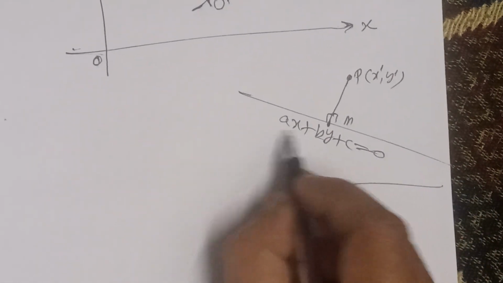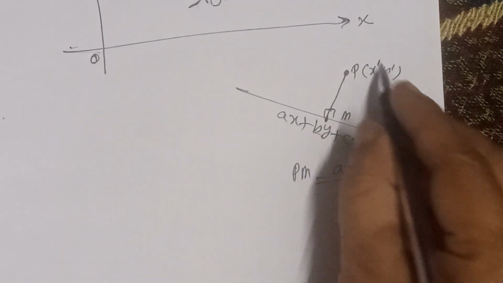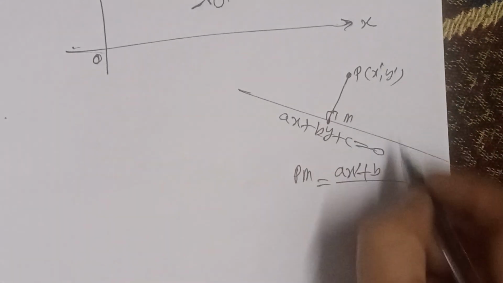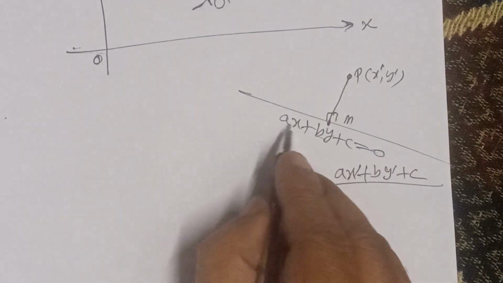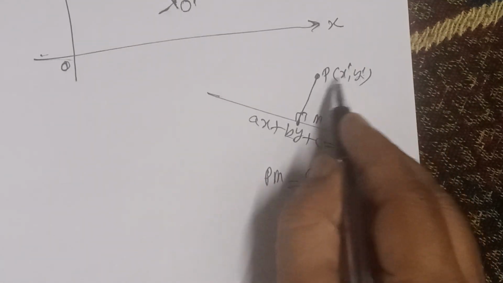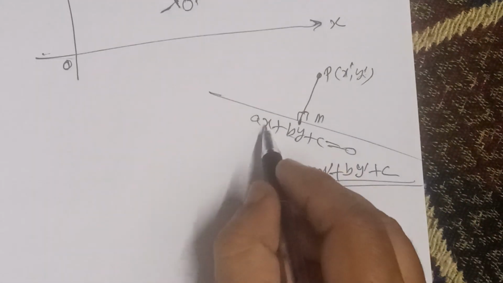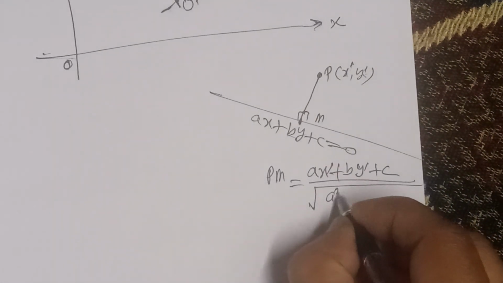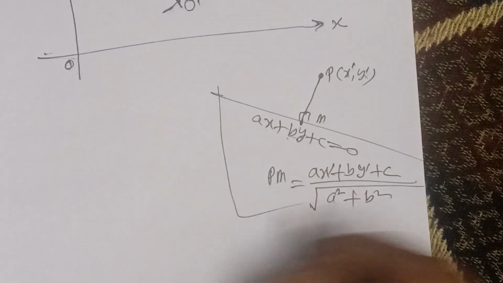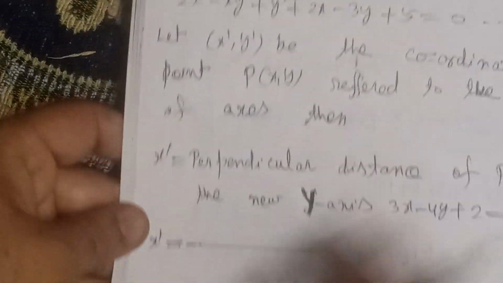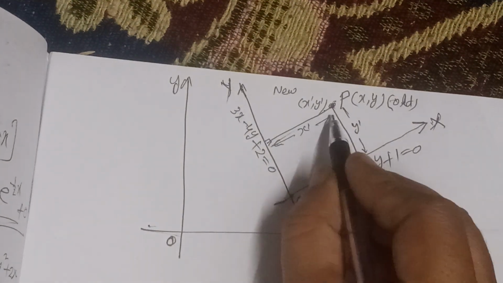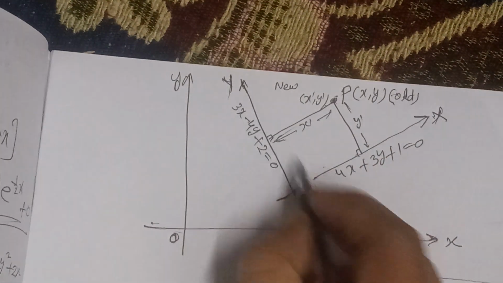I write x dash in place of x and y dash in place of y plus c. In this equation I write the coordinate of this point and divided by square root of coefficient of x whole square plus coefficient of y whole square. This is formula. I use this formula here for finding this distance from point xy to this line.